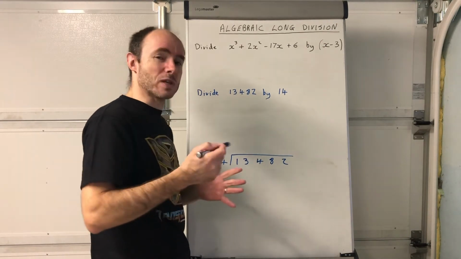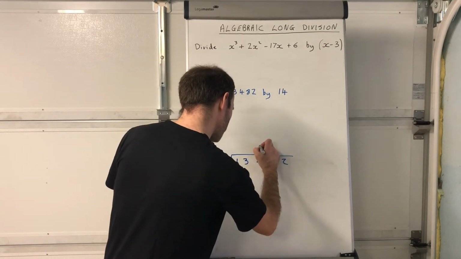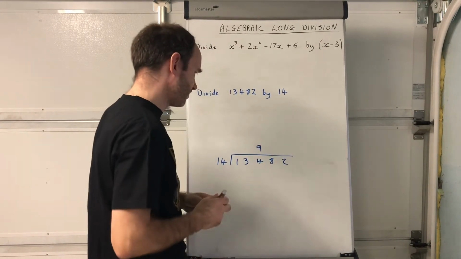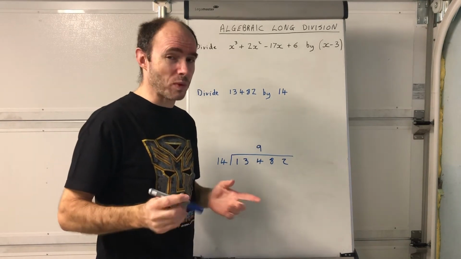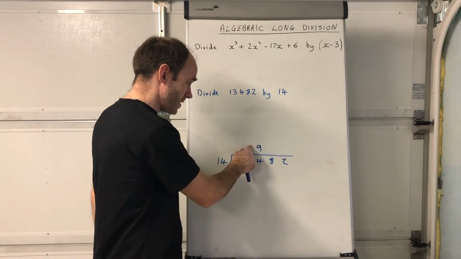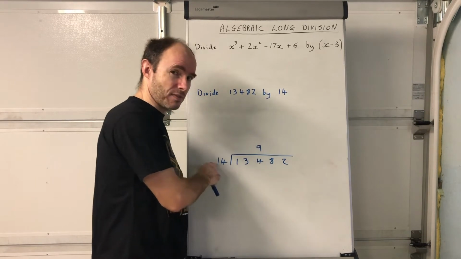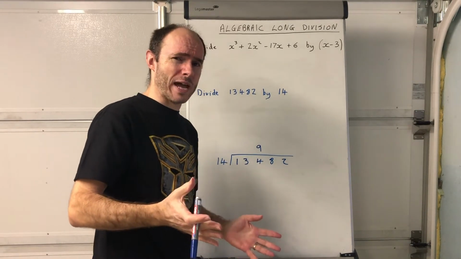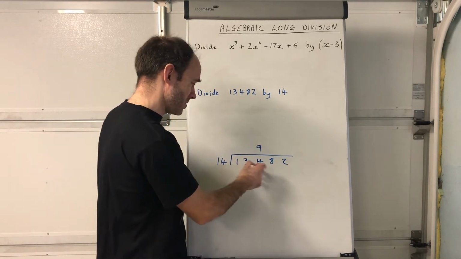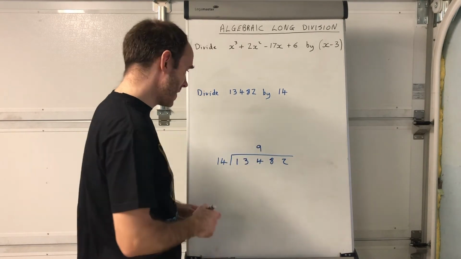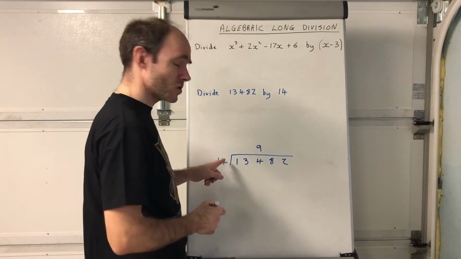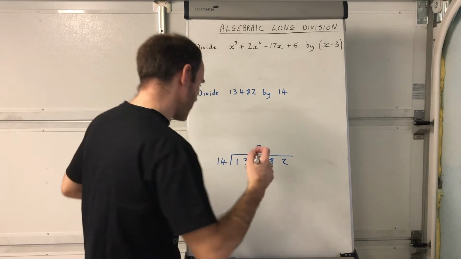It goes 9 times, and we write the answer 9 up there. Now in long division, what we then do is see what 9 times 14 actually is, because we probably had to work that out in order to see how many times 14 goes into 134. Well, 10 times 14 is 140, so subtract 14, it's 126.